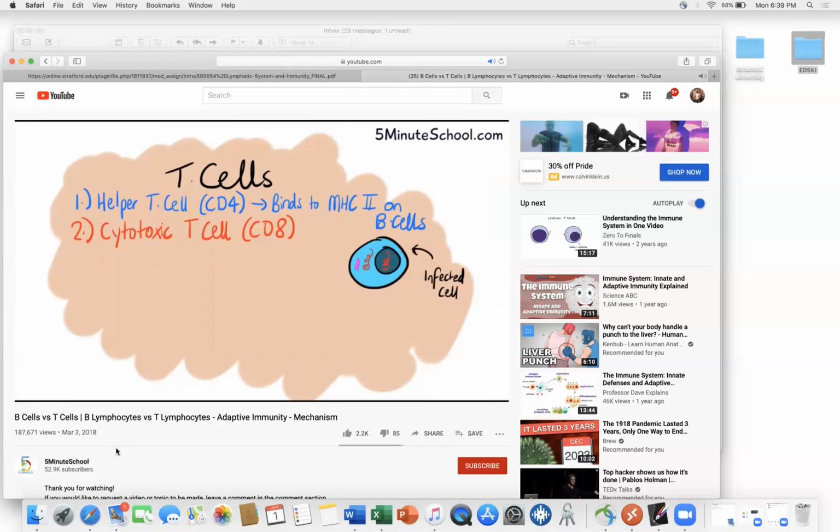Cytotoxic T cells, or CD8, imagine you have a cell infected by a virus. The cell is now infected and it contains viral DNA and viral mRNA. Because of this, the virus is now making viral proteins and peptides. Since all cells with a nucleus have major histocompatibility complex class 1 on their membrane, these viral proteins that the infected cell is making are presented by the class 1 major histocompatibility complex molecule on the surface of the infected cell.